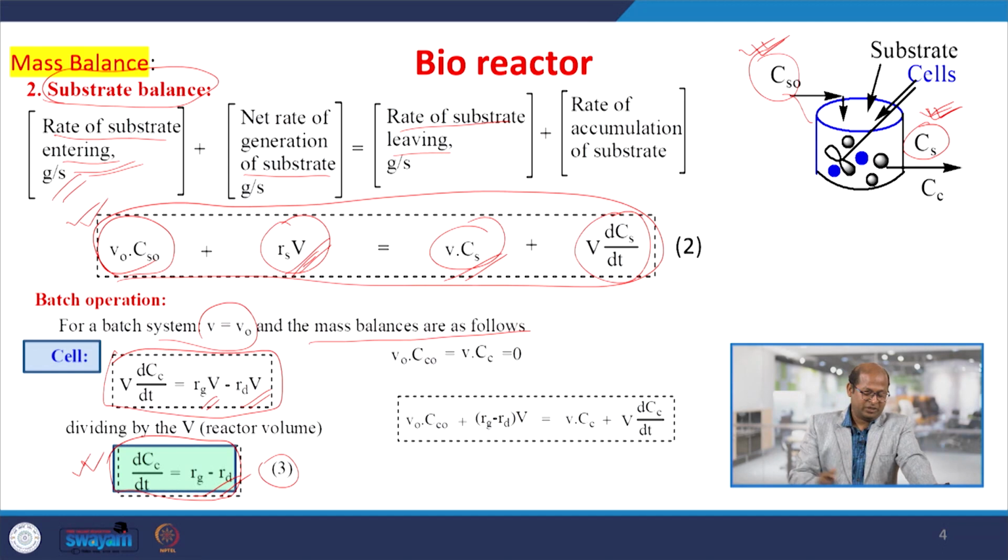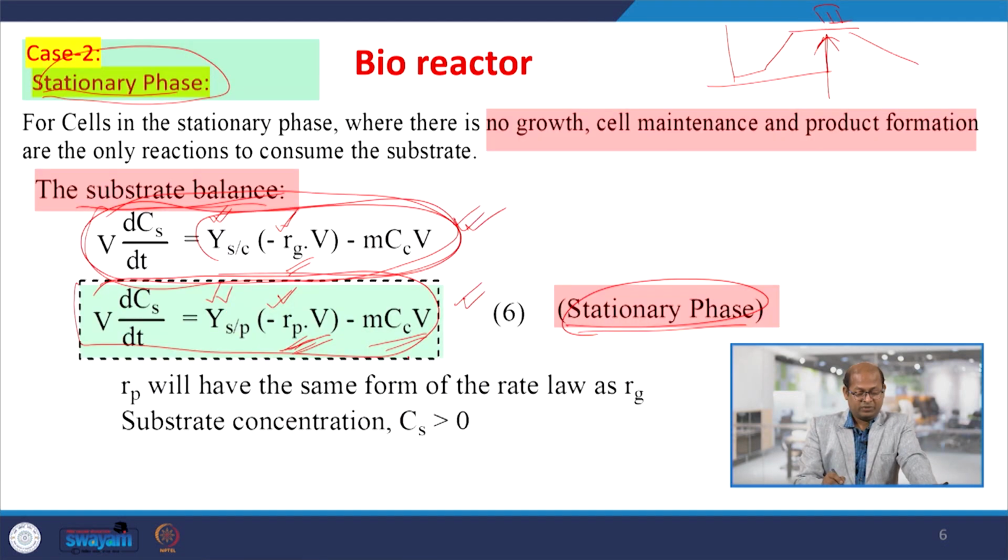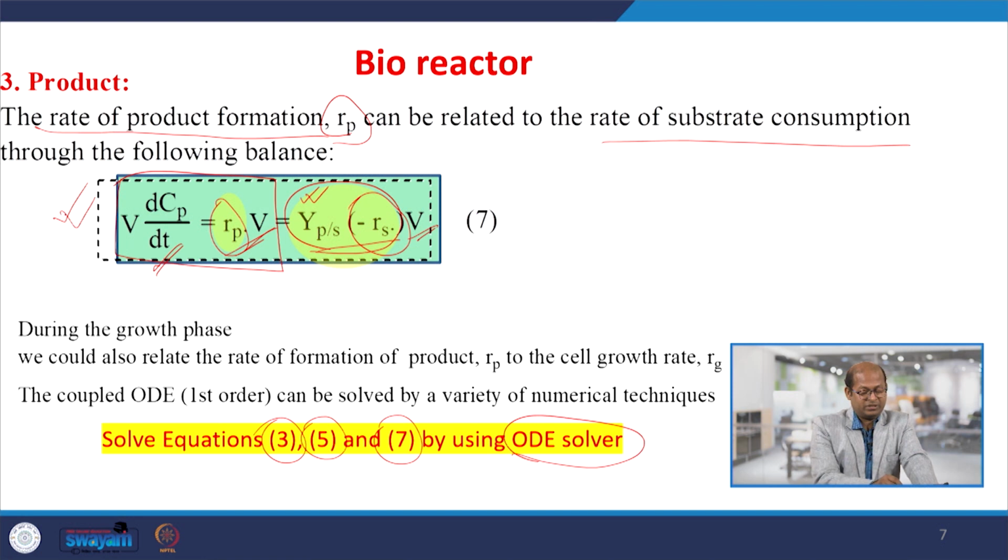For batch operation, equation 3 is for the cells, equations 5 and 6 are for the substrate, and equation 7 is for the product, the change of product concentration with respect to time inside the reactor. These are the equations we can solve for any bioreaction happening inside a bioreactor.